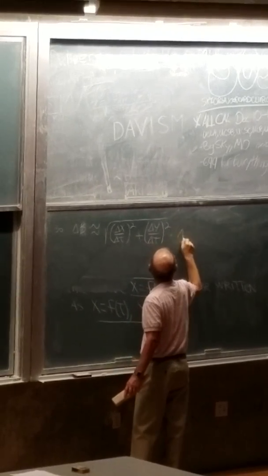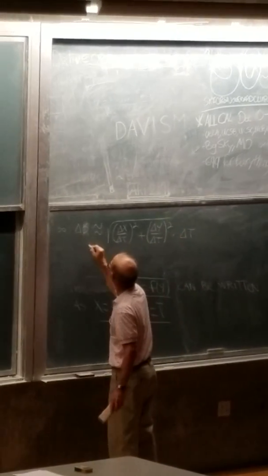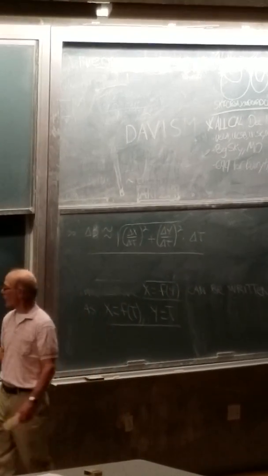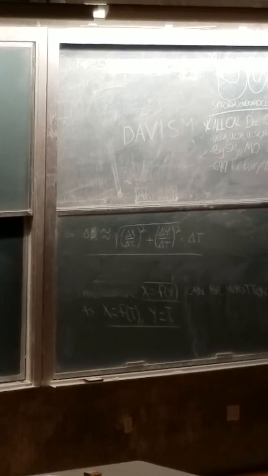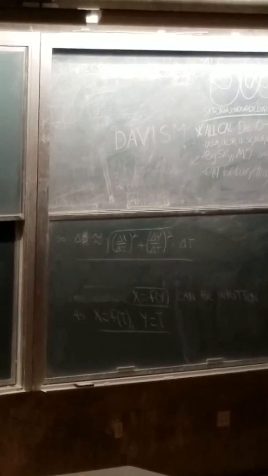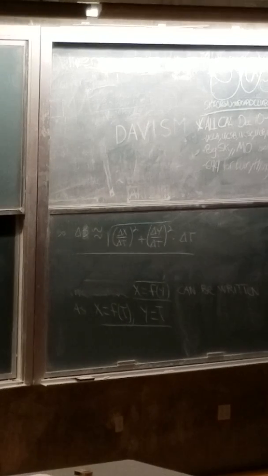So that gives us an approximation to the length of a small piece of the curve. I'm just combining this into one square root in the first factor. So that's an approximation for the length of one part of the curve.